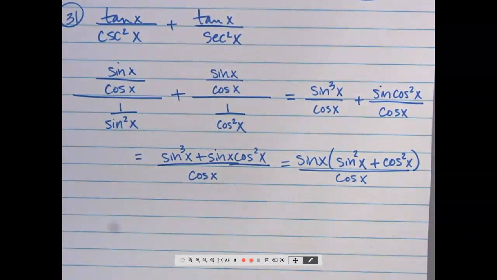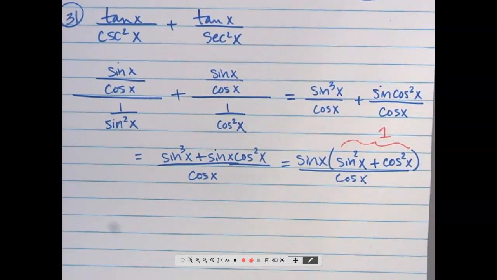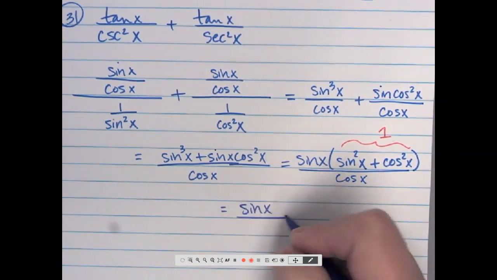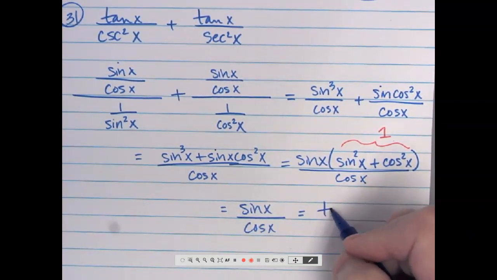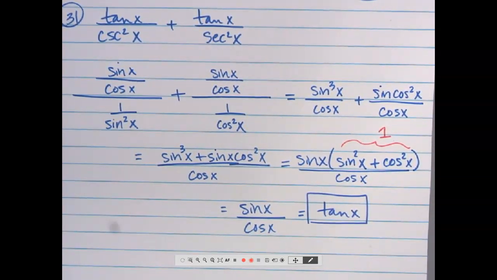And this lovely guy here is equal to 1. So I really just have sine times 1, which is sine, over cosine, and sine over cosine is tangent. Okay, that took a lot of simplifying, but we finally got there. Any questions on that one? Are you following along with that?